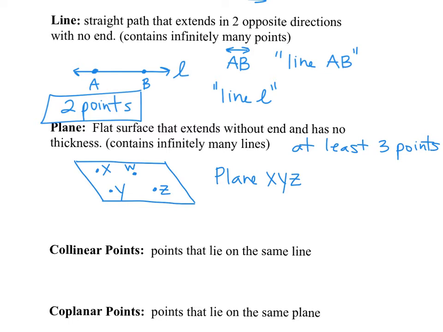Any guesses why you have to have 3? Why couldn't I name a plane with 2 letters? Yeah. Not necessarily. Good idea. Yes. Okay, so a line has 2 letters.